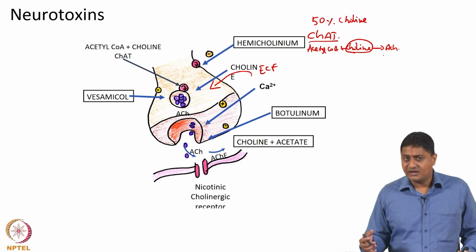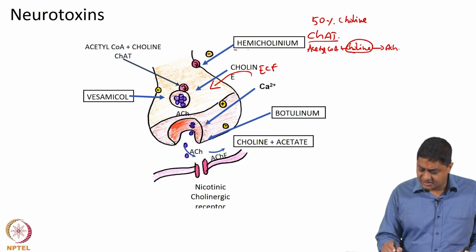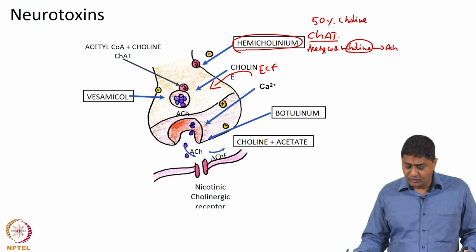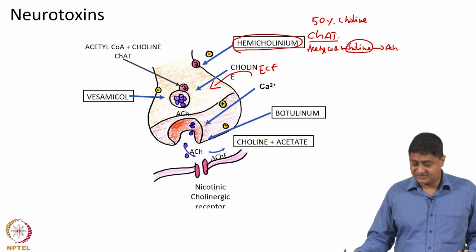After some time acetylcholine cannot be produced. So, that action is caused by the toxin hemicholine. Hemicholine basically blocks the choline reuptake system from reuptaking choline.